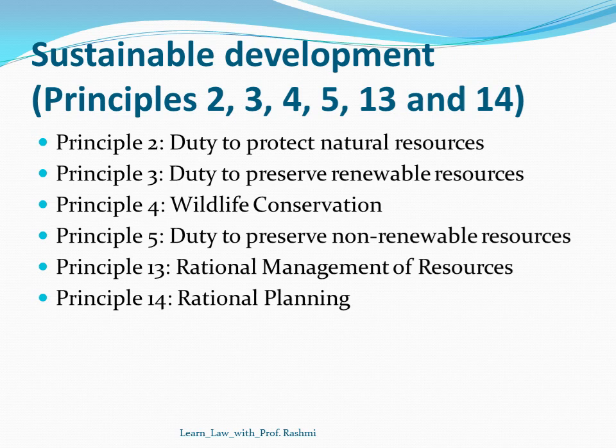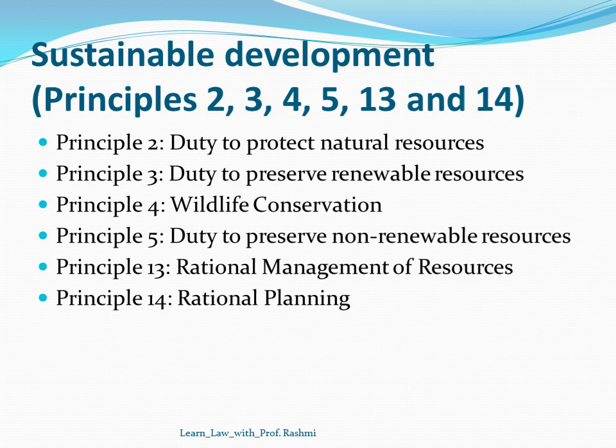What is the first principle? Principle 2 talks about the duty to protect natural resources. Natural resources on earth, especially representative samples of ecosystems like air, water, land, flora and fauna, must be safeguarded for the benefit of present and future generations through careful management and planning.